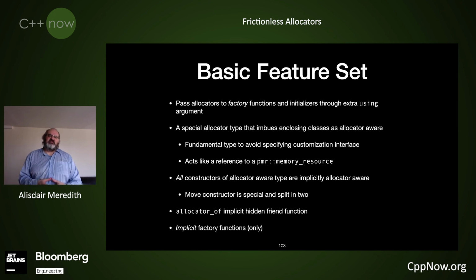So our basic feature set is we're going to have to pass allocators to factory functions and initialization with the using argument. There's going to be a special allocator type that imbues allocator awareness upon a class. And at this early stage, to avoid getting into the rules about how we specify an explicit markup to make a class allocator aware, we're going to build this around just being a fundamental type that has this property.